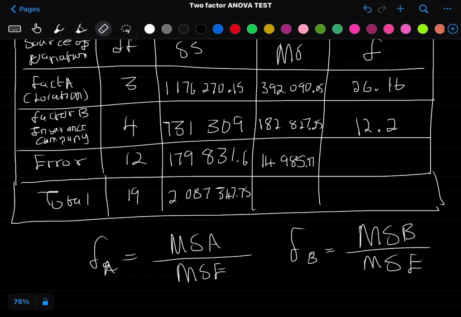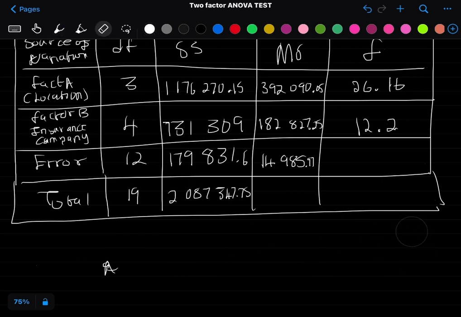So it was 12.1998, so I rounded it to one decimal place. It's gonna be 12.2. So those are our test statistics.